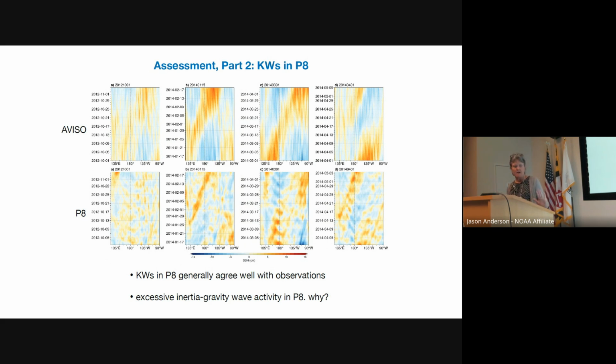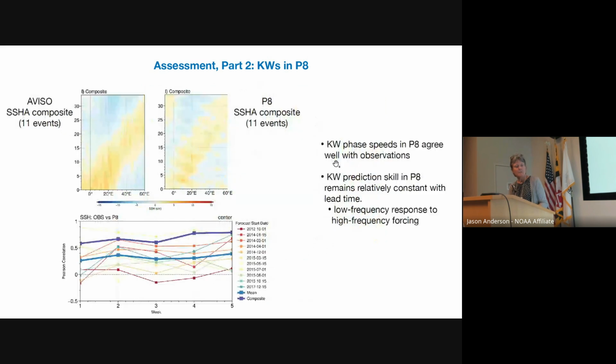But if we take all of these Kelvin wave events and shift them to a common longitude, the longitude where the westerly wind burst event is located at the first forecast day, we can make a composite of them, which is shown here. This is a composite of the observed and the modeled Kelvin waves.